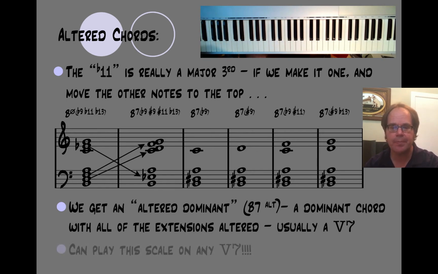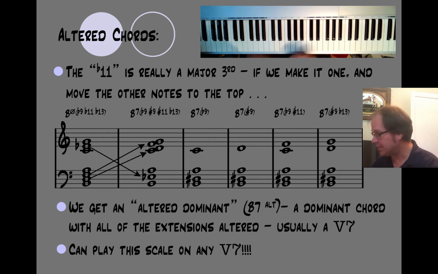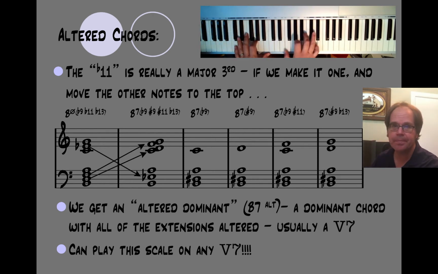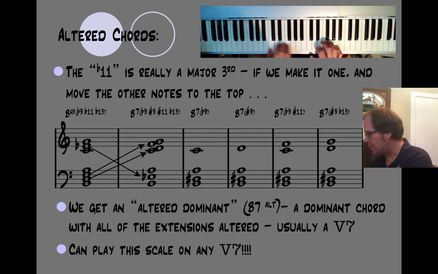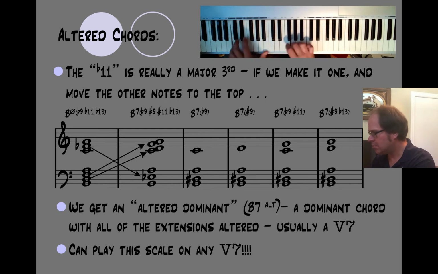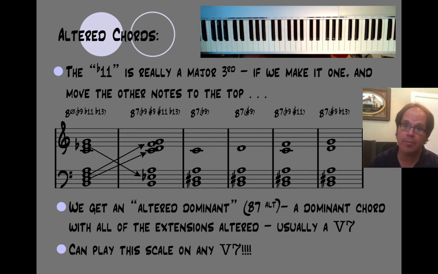But if you have any V7 chord, for instance, good old 2-5-1 in C major, on the G7, even though we're hearing this sort of, you know, I can go ahead and play that altered scale, and guess what?